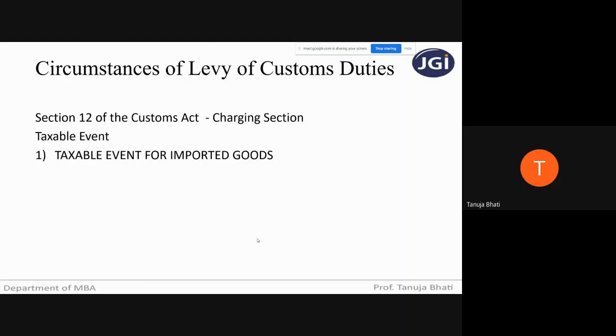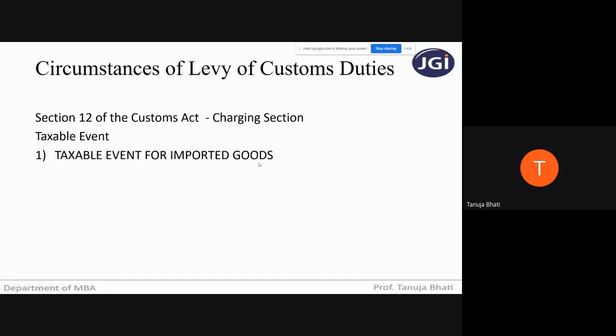So that is when the goods are completely cleared from the custom station, from the custom port, from the custom authorities. When the goods are completely cleared to the importer, it is said to be cleared for home consumption. So when does the taxable event for imported goods occur, students?